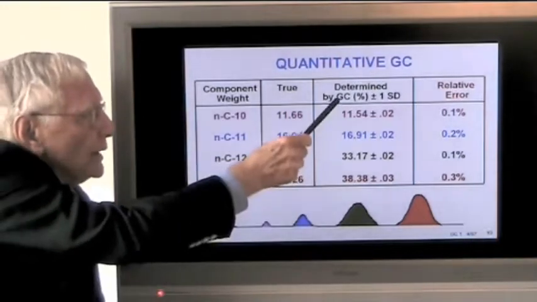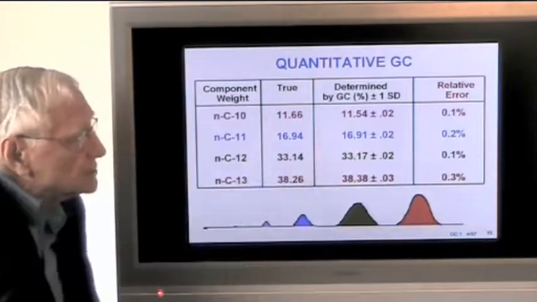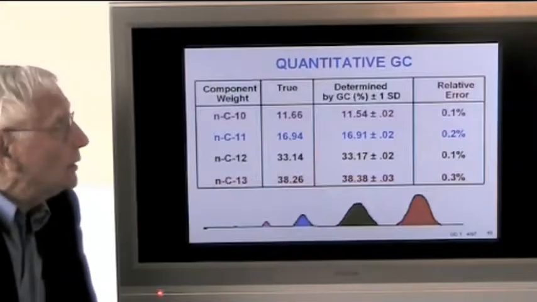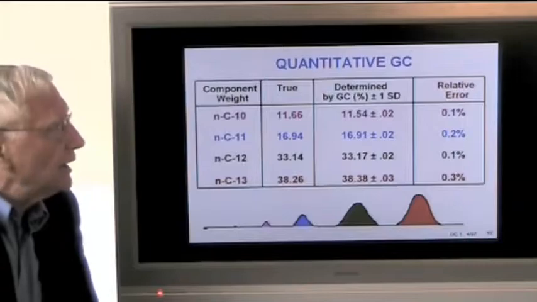This is what was determined by gas chromatography plus 1 standard deviation, and the results show relative error less than 1% in all cases. This is a simple sample done by flame ionization together with the aid of a computer, but it is typical of the very high accuracy one can obtain. Thus we see quantitative analysis is one of the major advantages of gas chromatography.